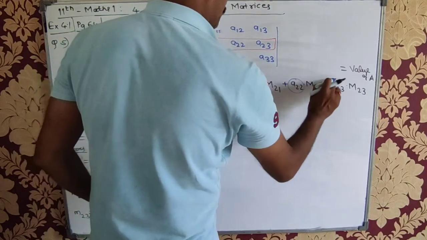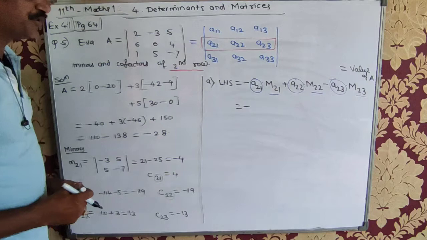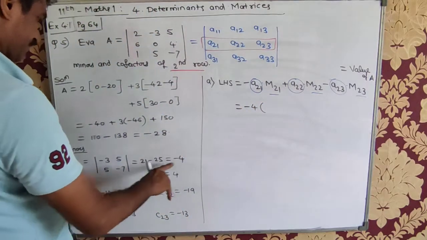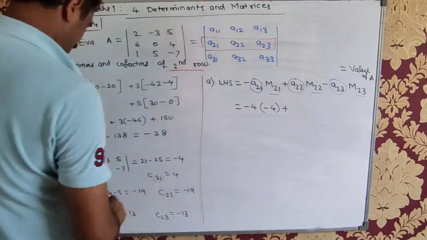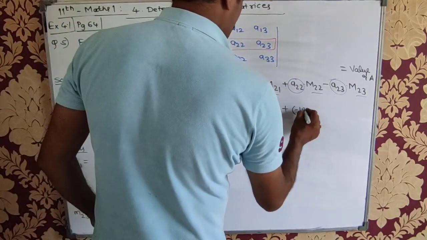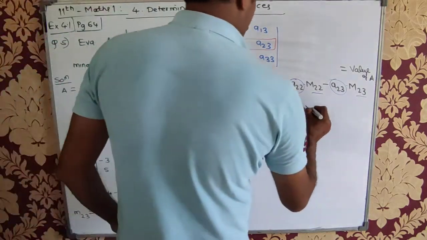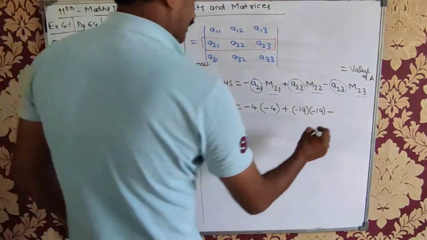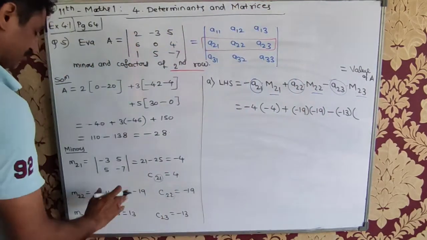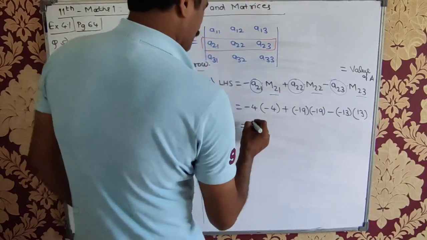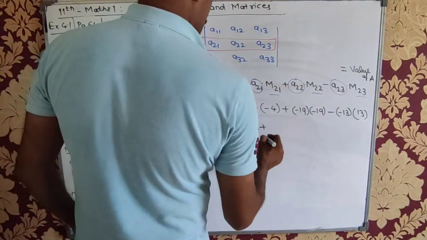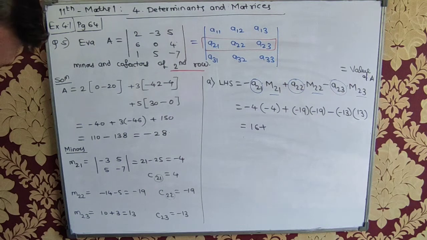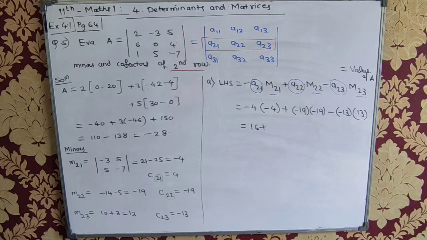So these are all the cofactors and these are the minors. Okay, so let me substitute. एक मिनट.